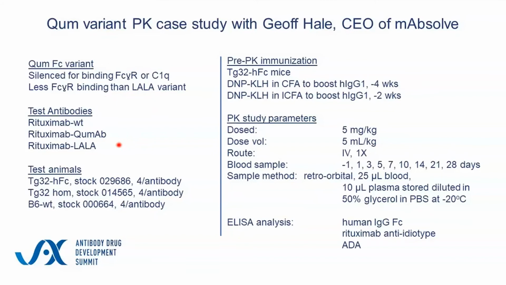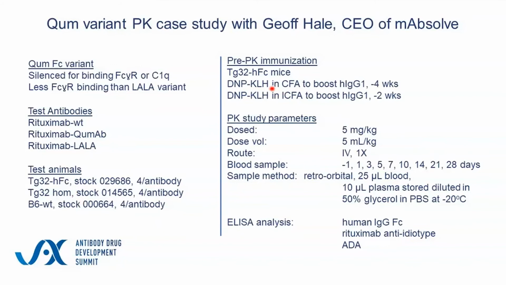The test antibodies that we used were rituximab, either wild-type FC, the QUM, or the LALA, and we included the TG32 HFC mouse, which we immunized to boost the endogenous human IgG level. We also included the TG32 that does not express human IgG1 and wild-type mice.